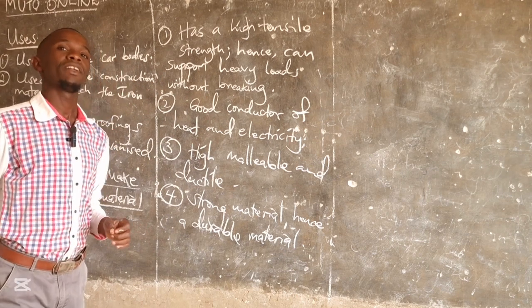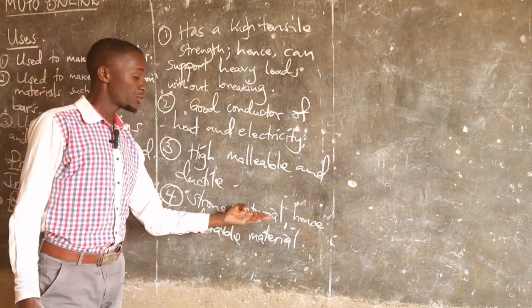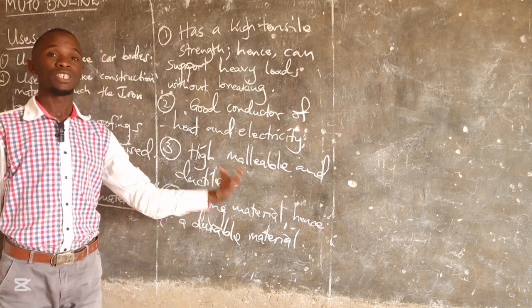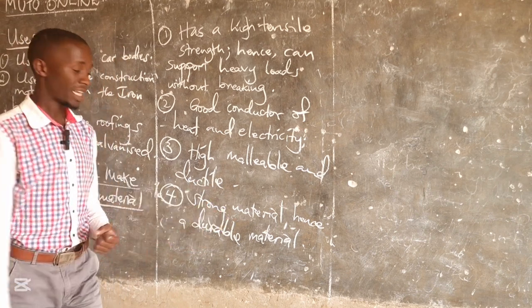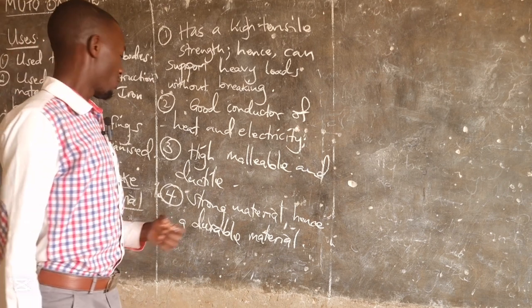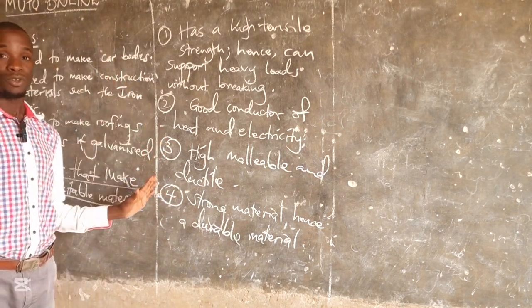It can support heavy loads even for longer periods of time because it is strong, making it durable even when at work. It can serve heavy duties without breaking for a long period of time since iron is a strong material.